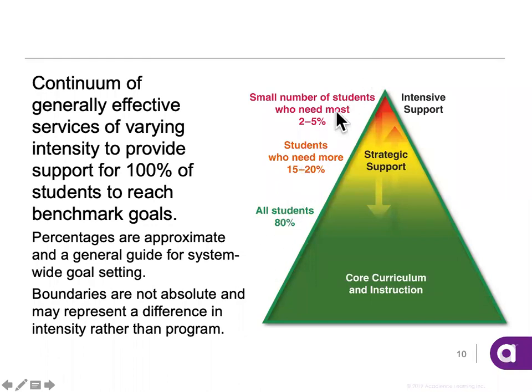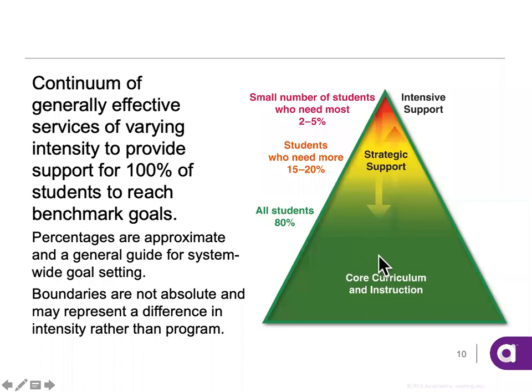So with that in mind, we'll sort of revisit this 3-tier framework. In order to get 100% of students to those Acadience Reading benchmark goals, the starting place is to use your first reading instruction in the regular classroom to minimize the number of students who are at risk.